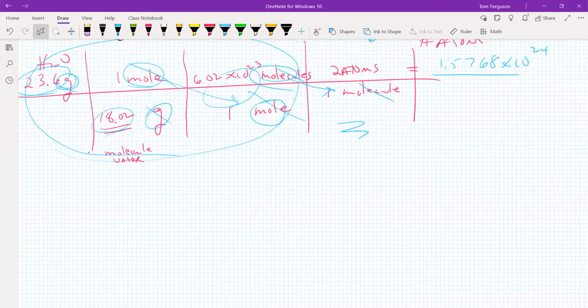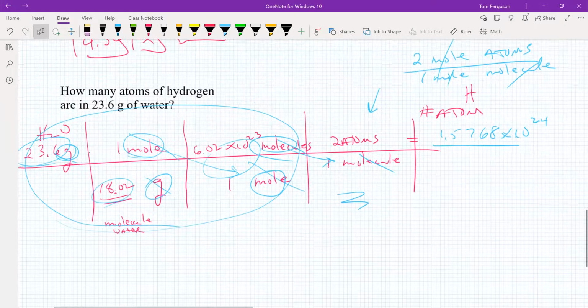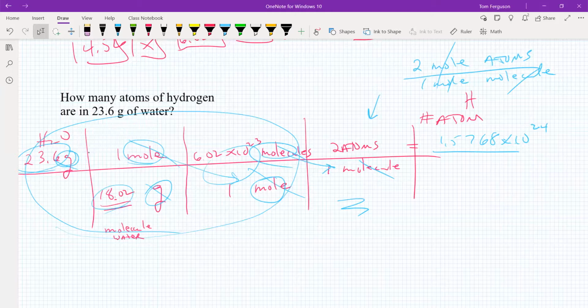Professor Ferguson? Yeah. I have a question. Why do we use 2 atoms? Why 2 atoms is my question. Well, when we take the molecule H2O apart, we have 1 atom of oxygen, 2 atoms of hydrogen. And you could put hydrogen here also if you like, and then water down here, so then the waters would cancel.